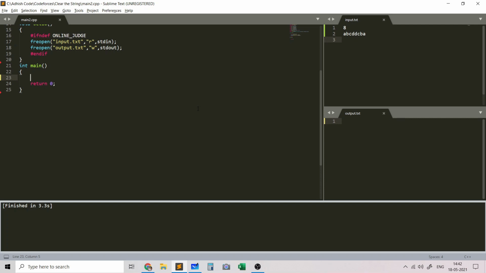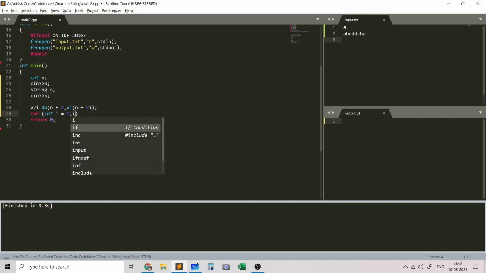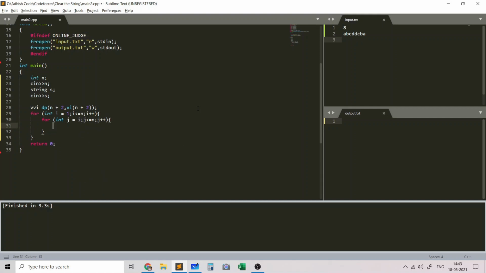So in the code, first I take in n, which is the length of the string. Then I take in the string itself. Then I create a 2D DP array of size larger than the string because I'll be using one based indexing. Then I'll be iterating over I and j for all valid states, and I'm trying to find the value of dpij.